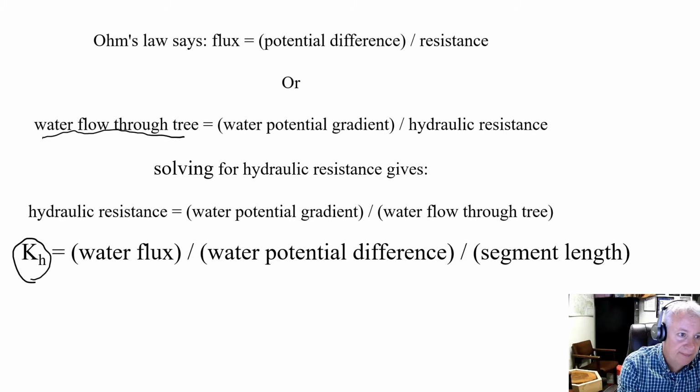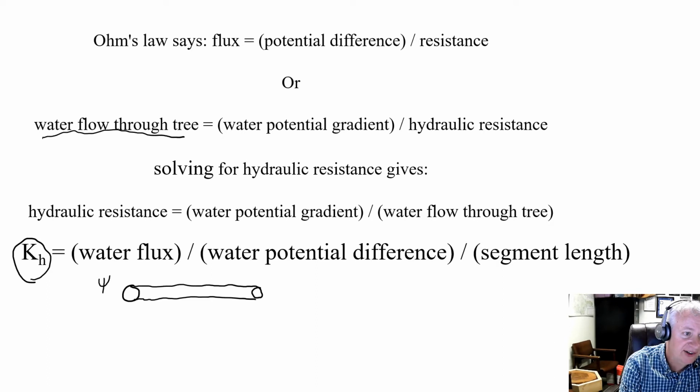So, for instance, if we have a pipe or a segment of xylem, and we know there's a water potential or a pressure at one end, and a water potential or a pressure at the other end, that's the water potential difference. And then we know there's some length here.